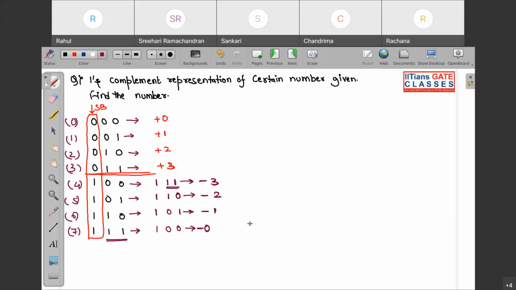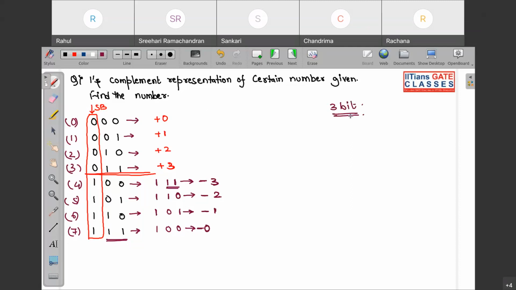Okay. So tell me, any doubts up to this point? Okay, fine. Now look how many bits of number I have used over here. I have used 3 bits. And what is the range of numbers I have represented using these 3 bits?